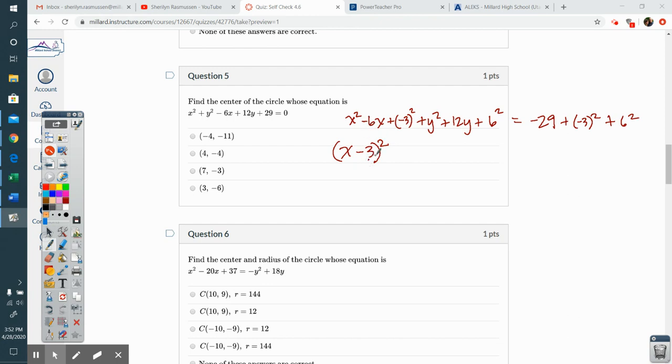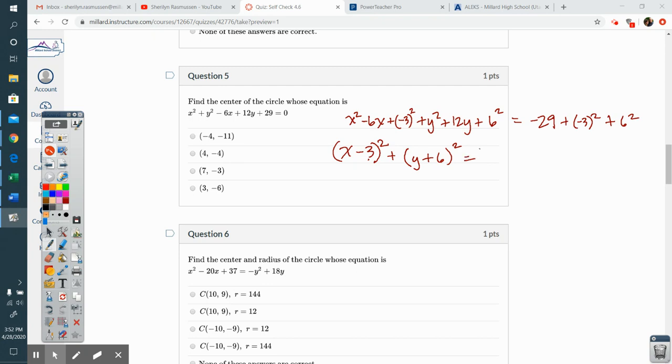It's the square root of this, and the square root of negative 3 squared is negative 3. That's the whole reason we selected this, in order to make this a perfect square. So add to that (y plus 6) squared. It's half this number, squared.